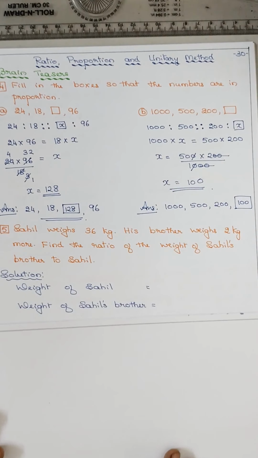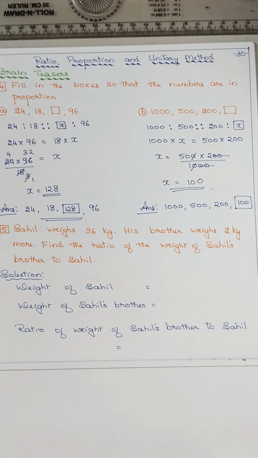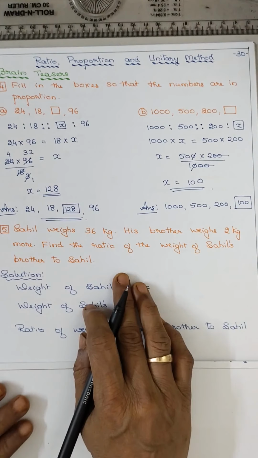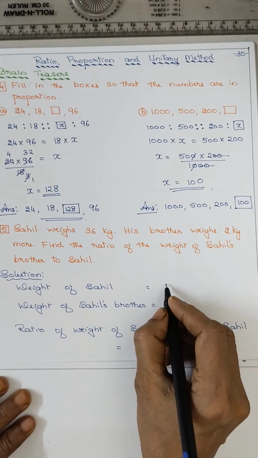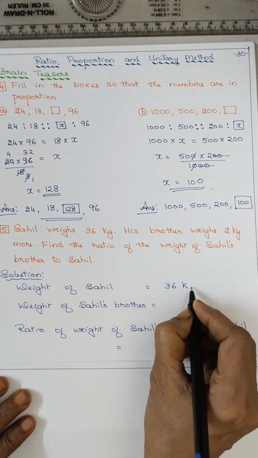Now coming to question number 5, Sahil weighs 36 kg. That means weight of Sahil is 36 kg.